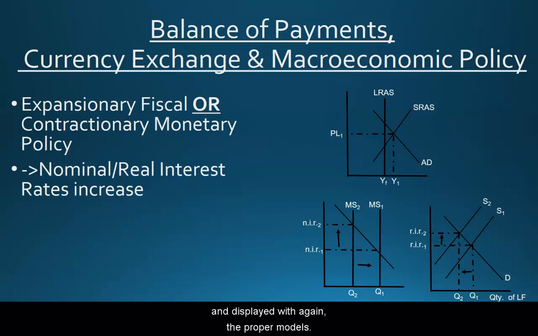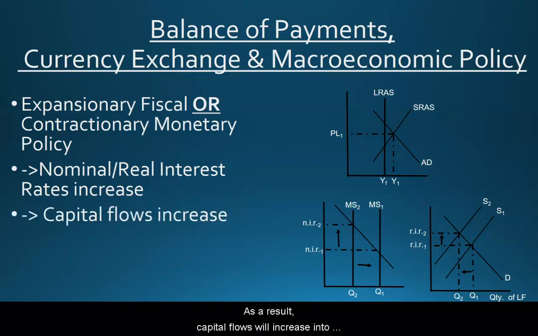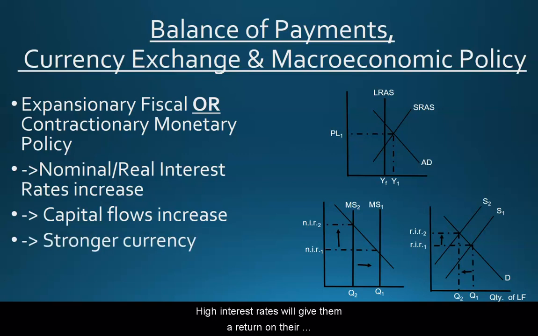As a result, capital flows will increase into the country. Why? Because foreign investors love high interest rates. High interest rates will give them a return on their purchases on savings, bonds, and other interest-bearing accounts.